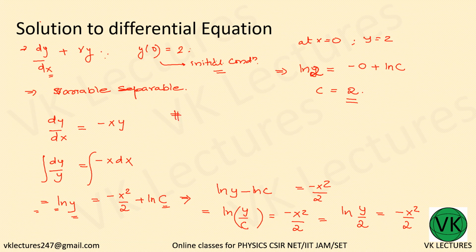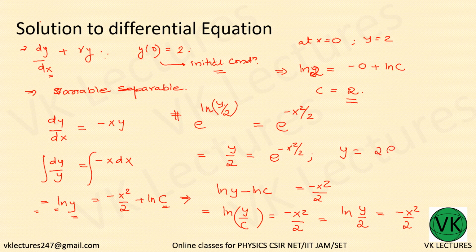The last step: I want to remove this log because I want y in terms of x. So e to the power log of y by 2 equals e to the power minus x square by 2. Now e to the power log is nothing but y by 2. So y by 2 equals e to the power minus x square by 2, and y is equal to 2 e to the power minus x square by 2.